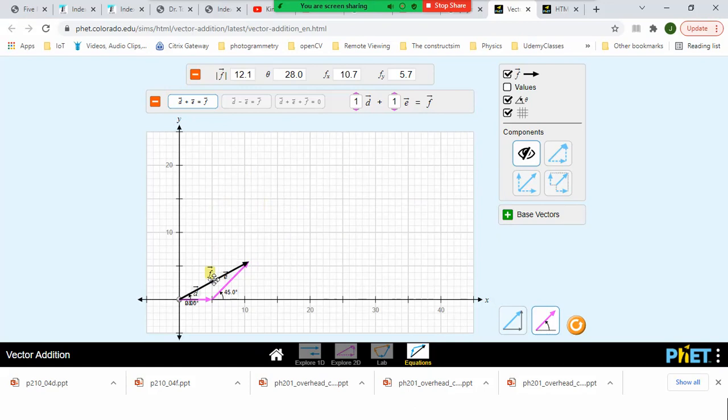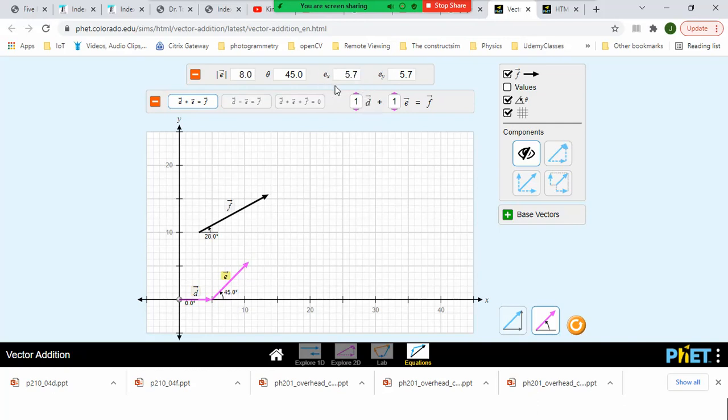So what does this mean? Well, this vector right here, D, is 5 in the x-axis. And this vector right here, E, is 5.7 in the x-axis.